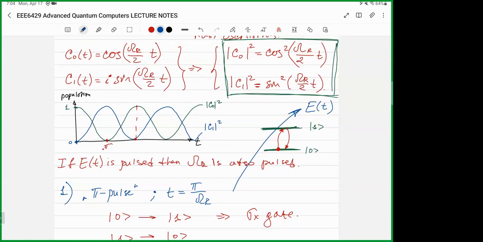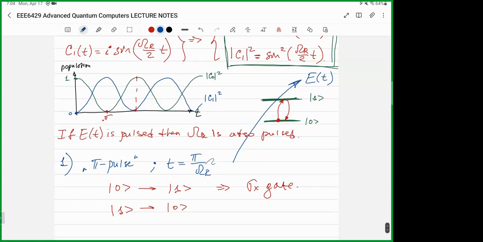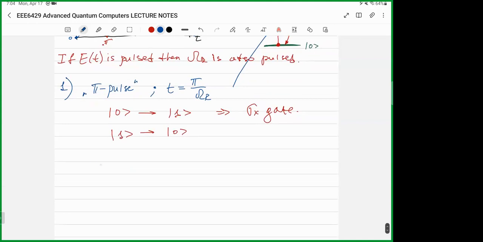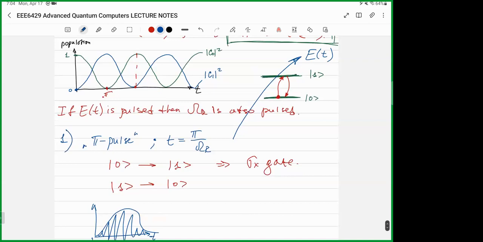So this pulse must have a duration equal to pi over omega R. So it is really like a pulse, it should be like a pulse like this. But they're doing the same function, right? They're making the transition, whether it be the pulse or a continuous wave. The function of both is the same, right?